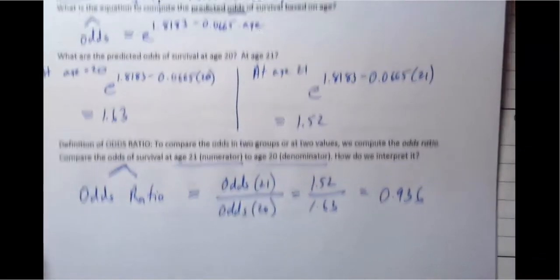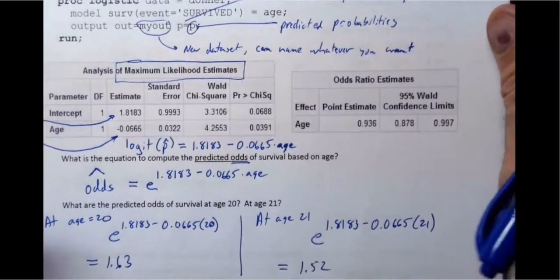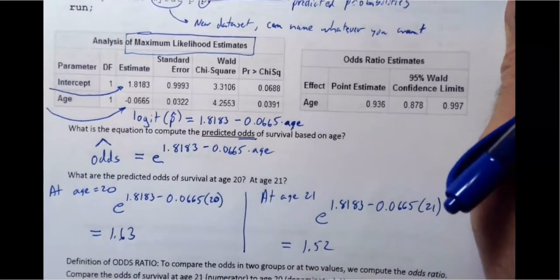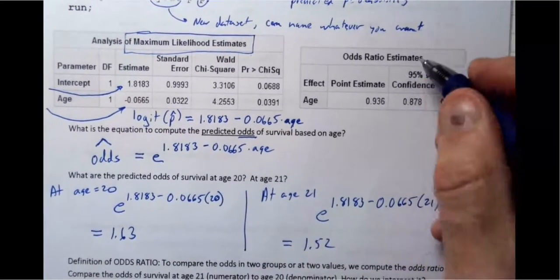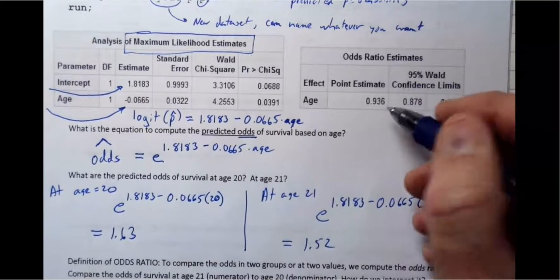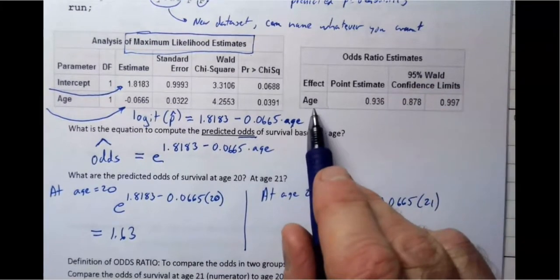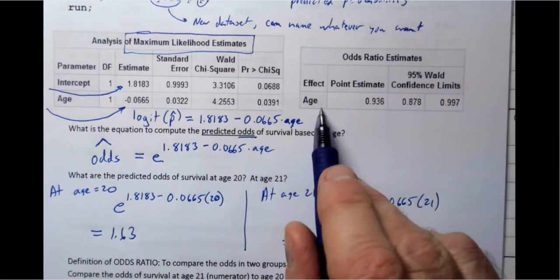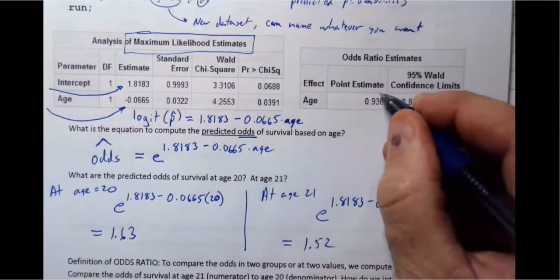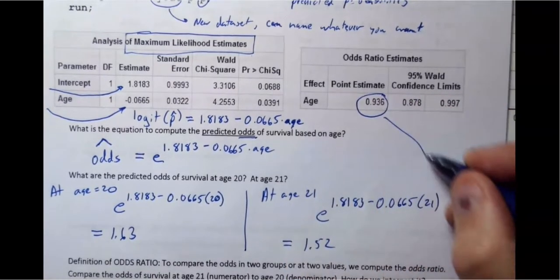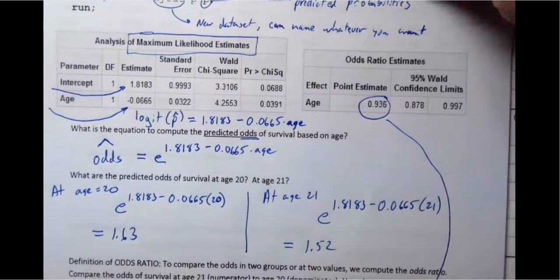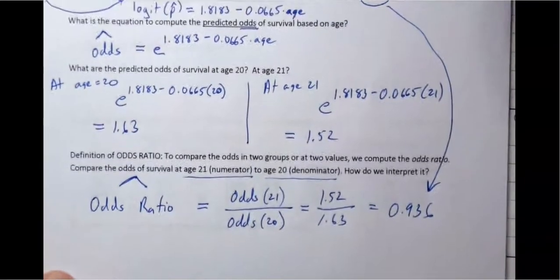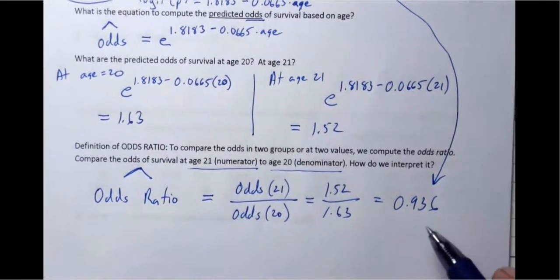And just to go back to the SAS output, for logistic regression, PROC LOGISTIC will generally produce this odds ratio estimates table. And here, for the odds ratio for age, 0.936, that's the same thing that we calculated down here. And note that that's interpreted as for every 1 year increase in age.